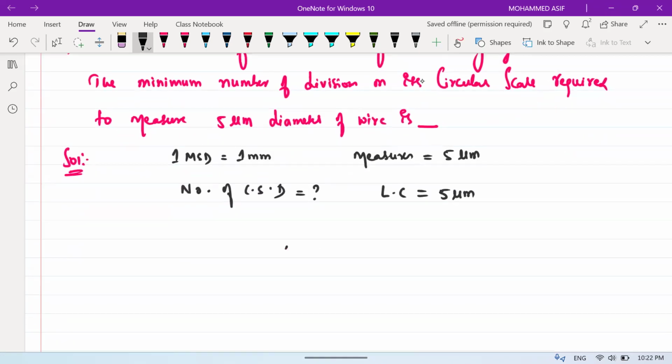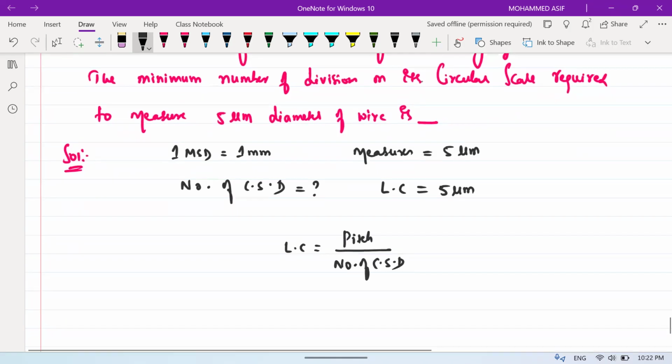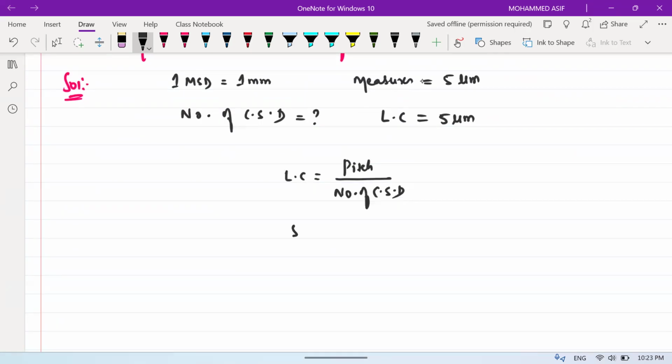So now what is the formula? Least count is equal to pitch divided by number of circular scale divisions or reading. Okay. So 5 micrometer is equal to pitch, which is right now 1 mm, divided by number of circular divisions n.